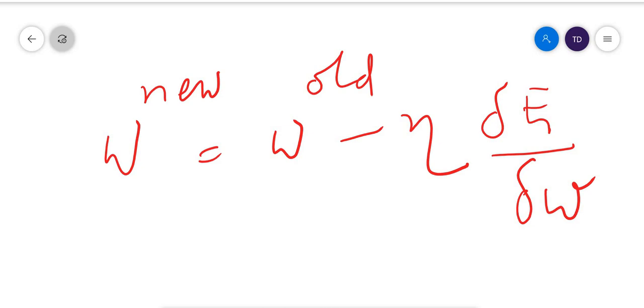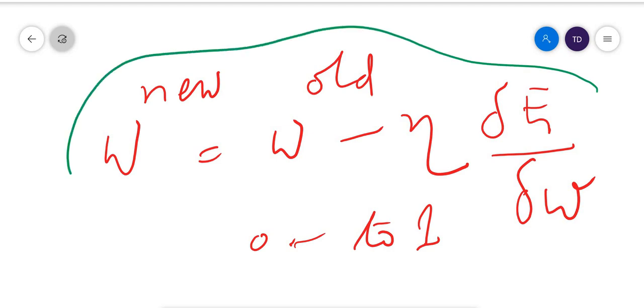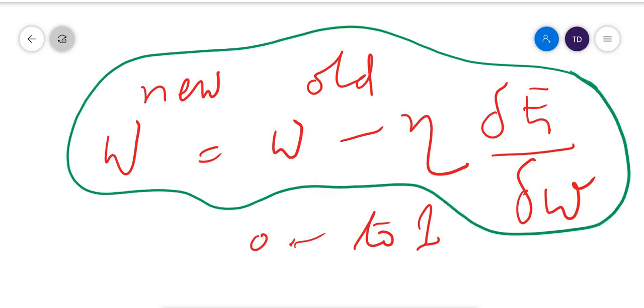E is the error or the cost function. Eta is the learning rate. Learning rate is the small baby steps we take in the gradient descent algorithm to get to the global minimum. Its value eta varies from 0 to 1, so it will come in between. This is the most important equation you will get for the gradient descent algorithm. You know it. If you don't know, please watch those videos and learn the gradient descent algorithm.